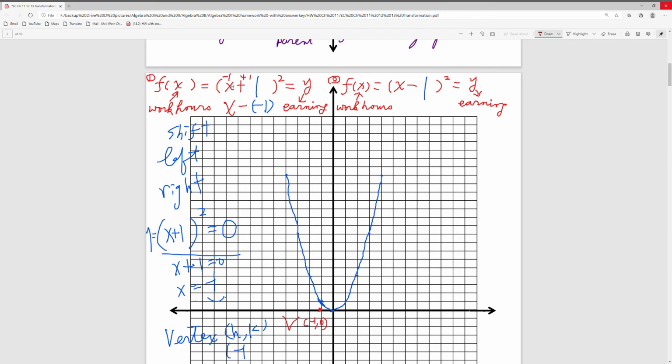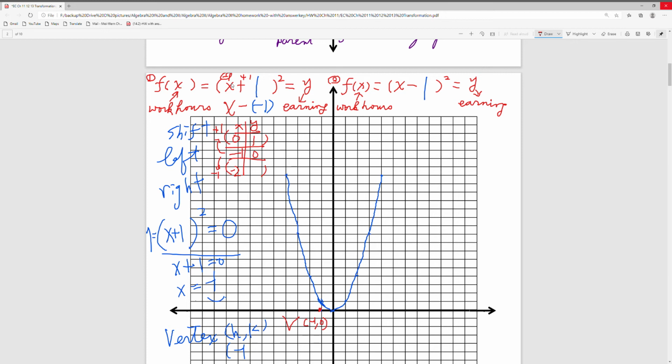Now, in my class, I will ask you to graph with 3 points. One is the vertex. So you have x, y, and the vertex -1, 0. And what other points do you need? I will say +1 and -1. For +1, you have 0. 0 plus 1 is 1, 1 squared is 1.